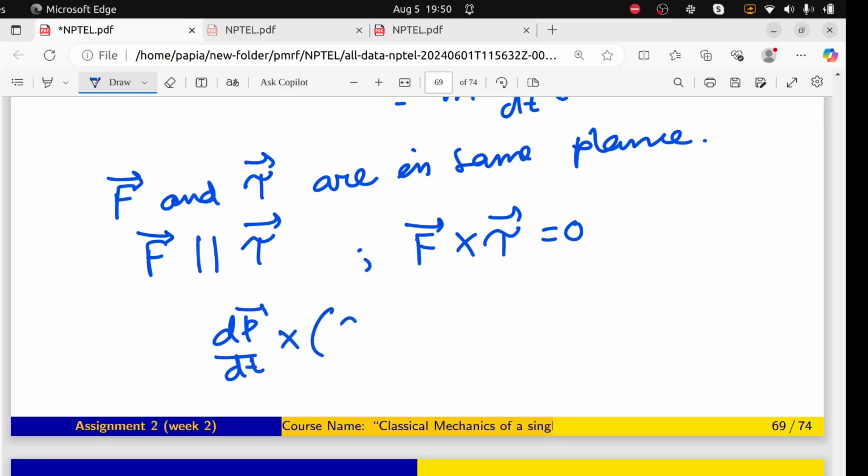Cross L is what? dL/dt. So this is 0, right? F cross tau equals 0.